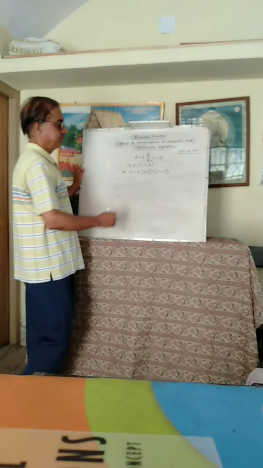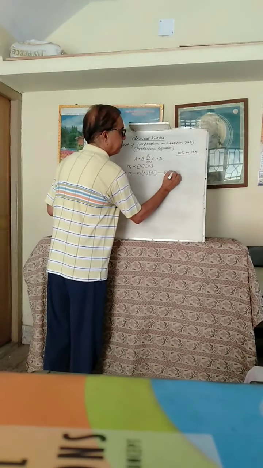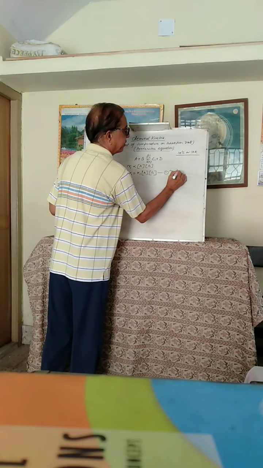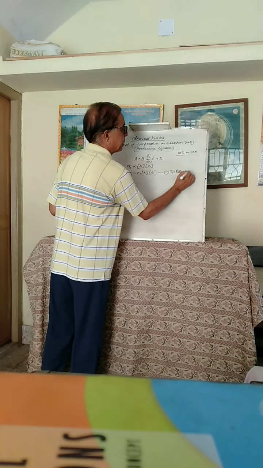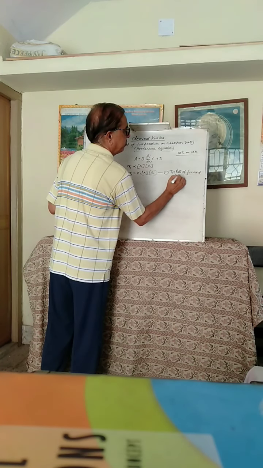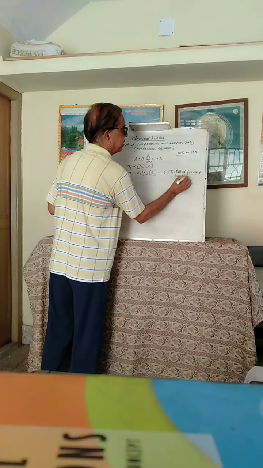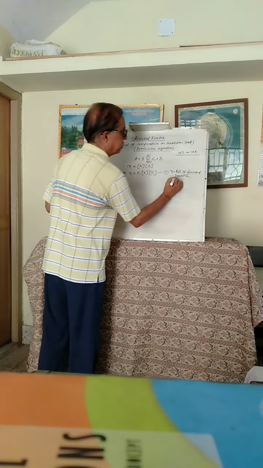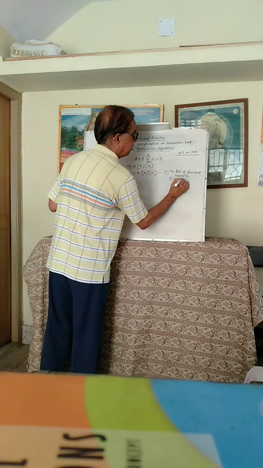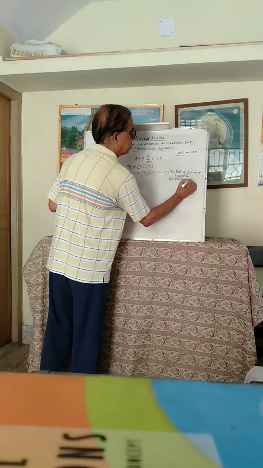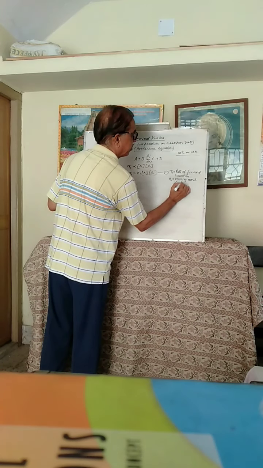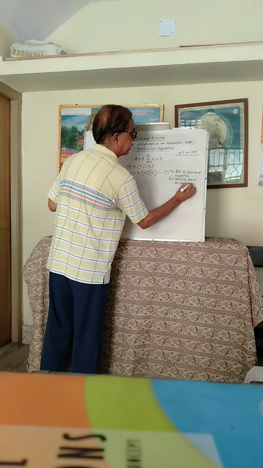What is K1? Here R1 is the rate of forward reaction, and K1 is commonly called the velocity constant for the forward reaction.